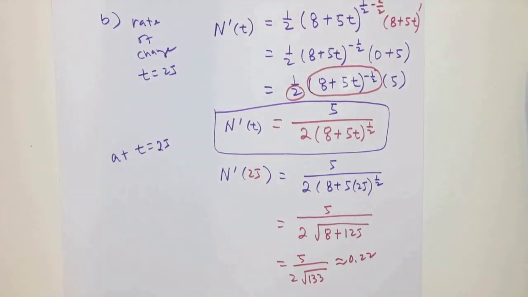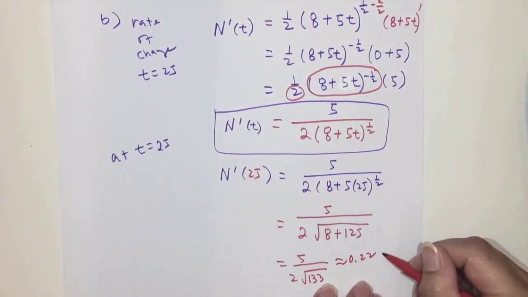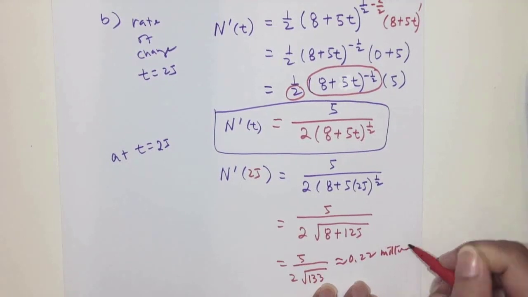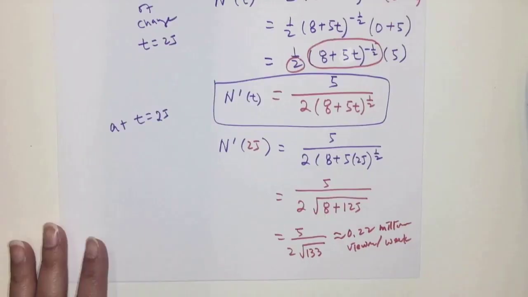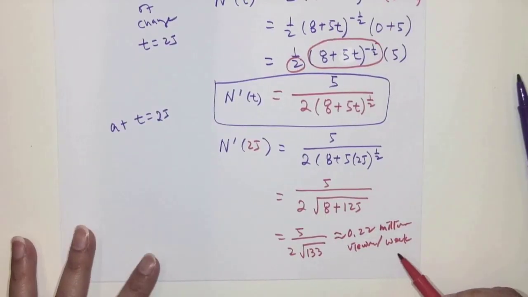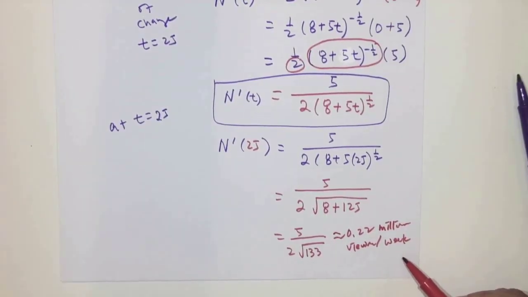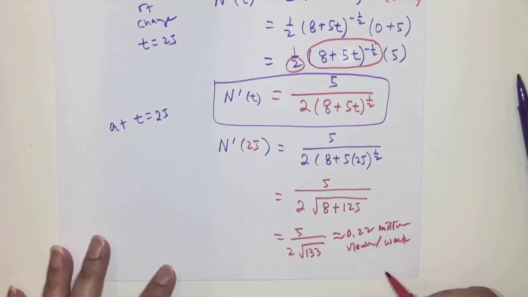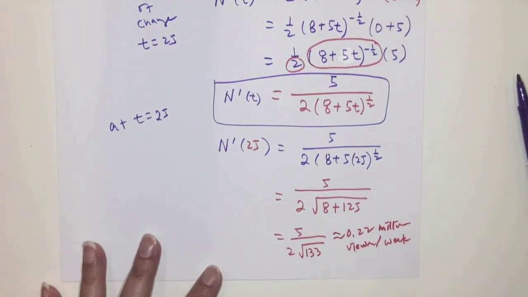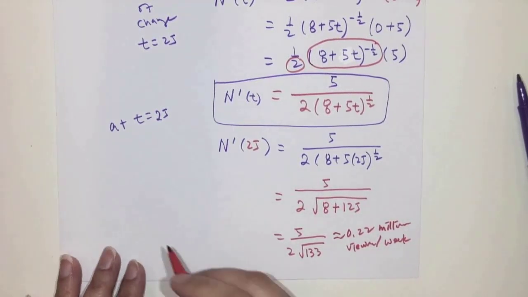But don't forget this is in millions, right? So it's 0.22 millions of viewers increase per week. So this is the rate of increase at 0.22 million viewers per week at the end of week 25. So if you need to write an answer statement, that would be like that.